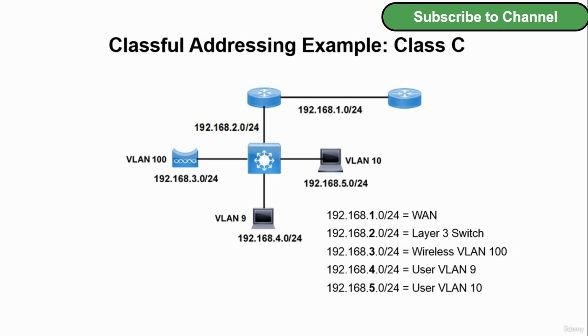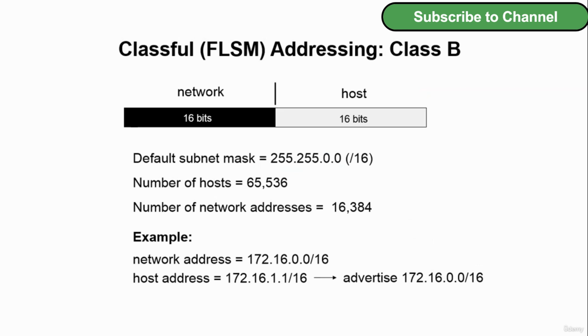They're really top level network addresses, but each one requires the router to route between the different numbers because they are different subnets. And then on to say class B addressing, and this time the subnet mask is shifted to the left, so there are more host bits available and fewer network bits available to the network address.